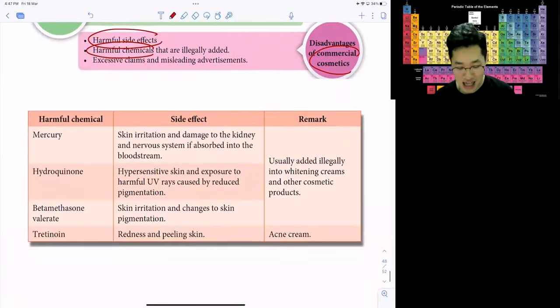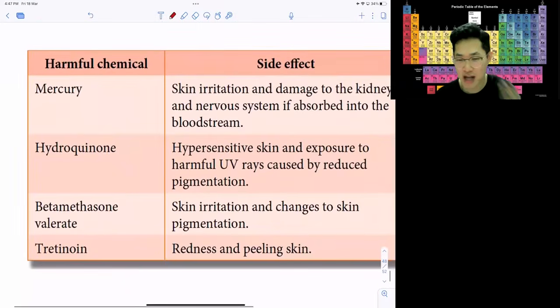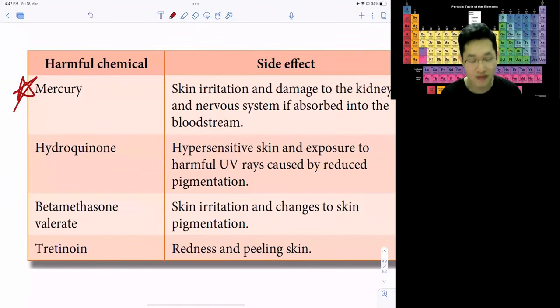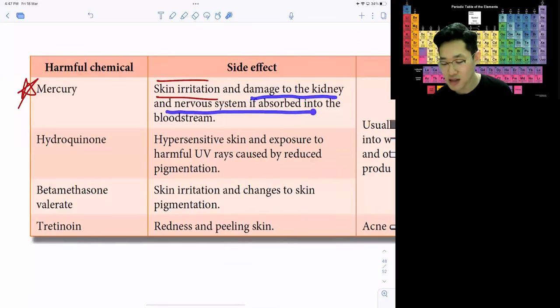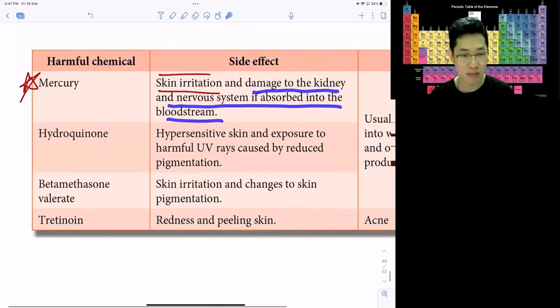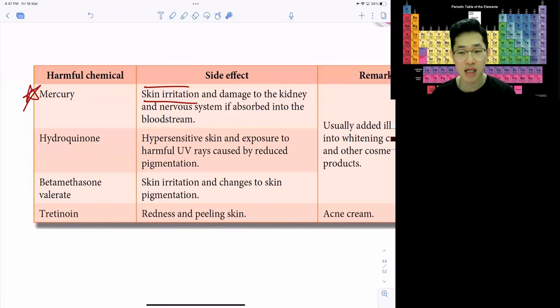What are examples of harmful chemicals? Mercury, one of the favorites. It causes skin irritation, and damage to the kidney and nervous system if absorbed into the bloodstream. If you cannot remember, it's okay, because I know you have a lot of things to memorize.